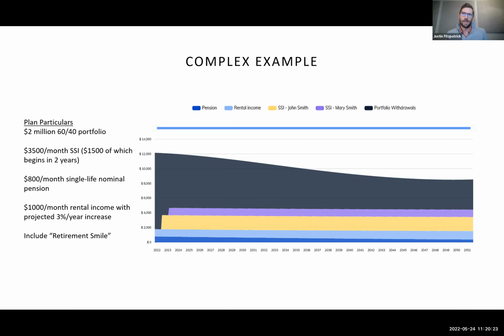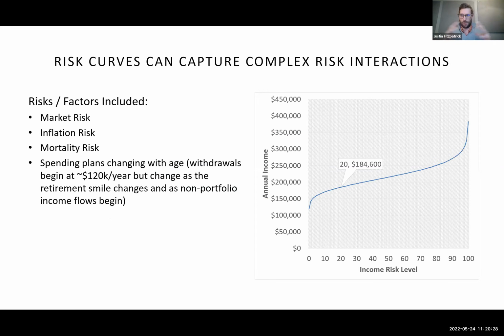So we need something more. And we've talked before about how what we need is again a holistic risk measure, and that's exactly what's being shown with the risk curve.